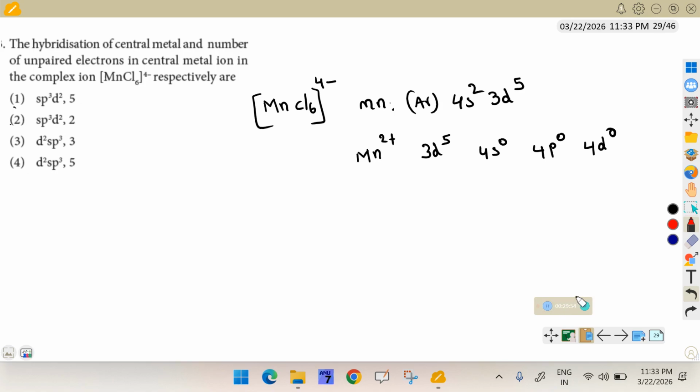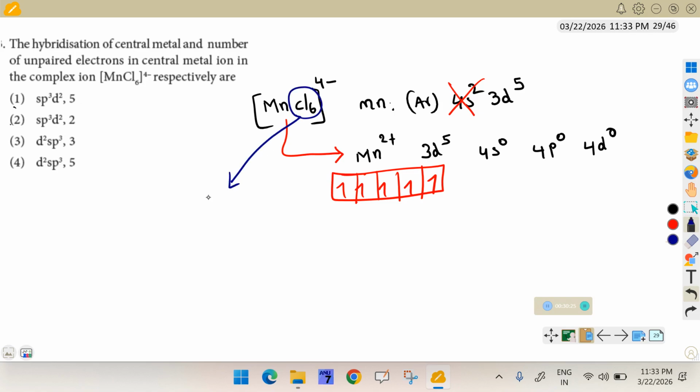The hybridization of the central metal and the number of unpaired electrons in the central metal ion in the complex ion MnCl6 4-. In MnCl6 4-, manganese is in the +2 oxidation state. So remove electrons from 4s2. Then its electronic configuration is 3d5: 1, 2, 3, 4, 5. Chlorine is a weak field ligand, so it follows Hund's rule.